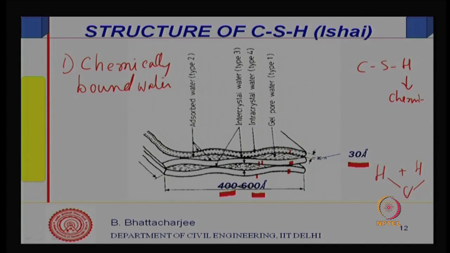So, it can get adsorbed at the surface. So, you have adsorbed water at the surface. Between two layers, he actually called it intercrystal water. So, other than chemically combined water, of course, you can have an adsorbed layer of water.